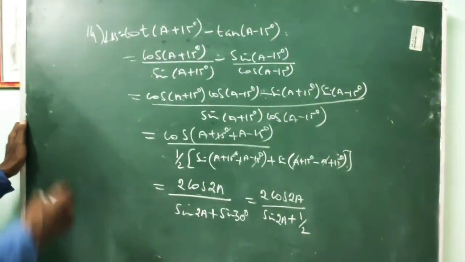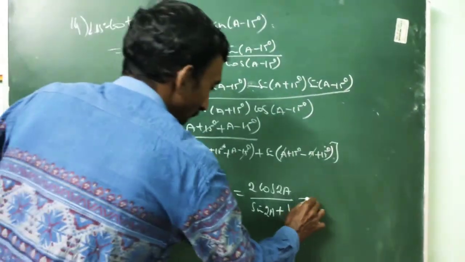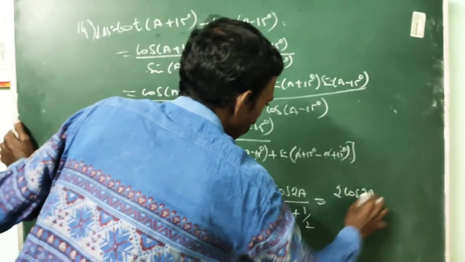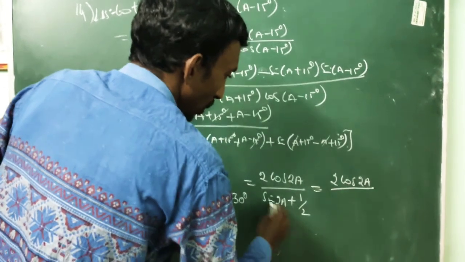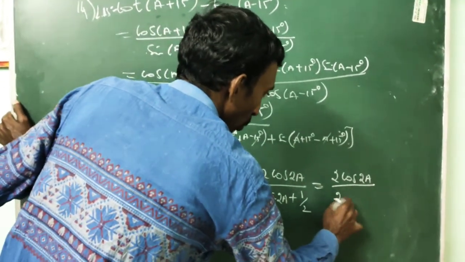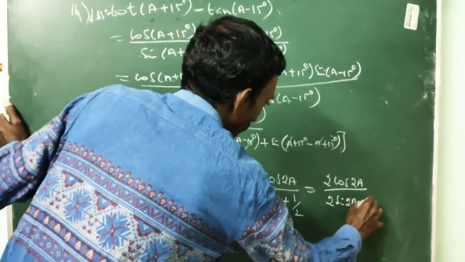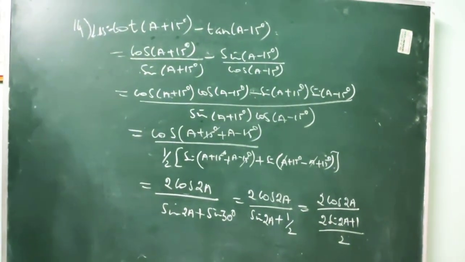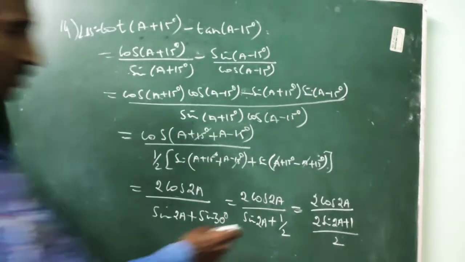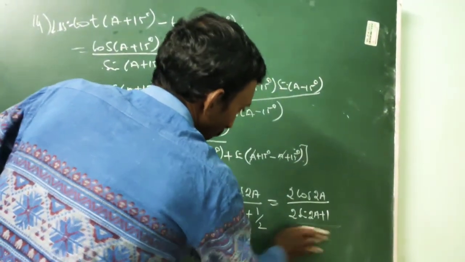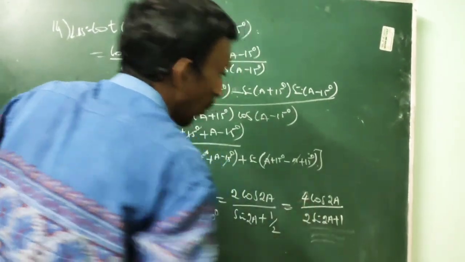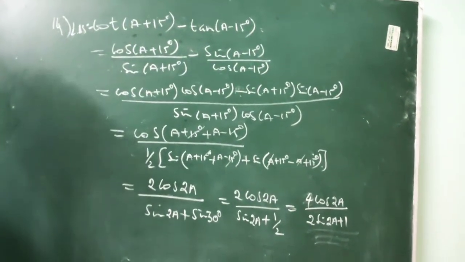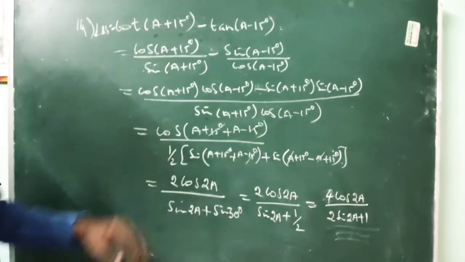So take the LCM, we are getting 2 cos 2a by (2 sin 2a plus 1) by 2, this 2 goes to the numerator, 2 into 2 becomes 4. So 4 cos 2a by 2 sin 2a plus 1, that is the required RHS.